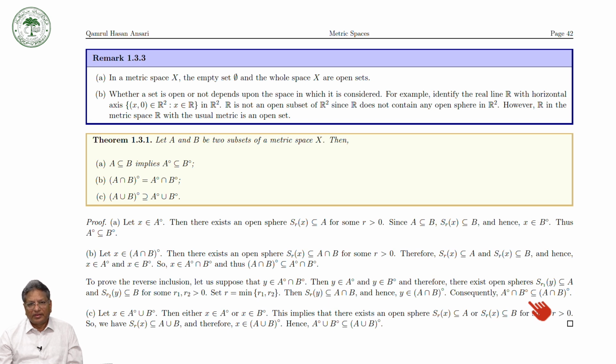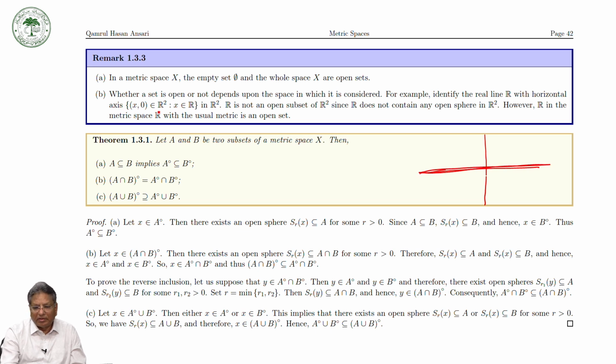For example, identify the real line R with the horizontal axis in R2. This is your R2, and this is the set R. But R is not open in R2.